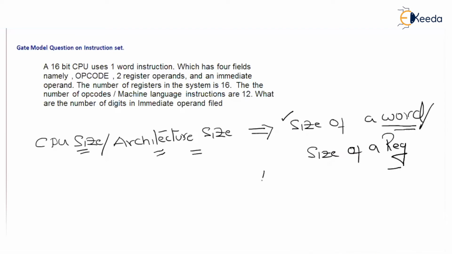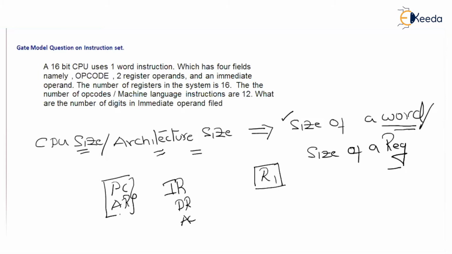This register could be R1, a general purpose register in which you are going to store any value, or your instruction register, or your data register, or your accumulator. Any register which is going to hold a value, except the program counter and address register. Only except these 2 registers, all the other registers in the system are equal to the size of the architecture. So what is the size of the architecture?